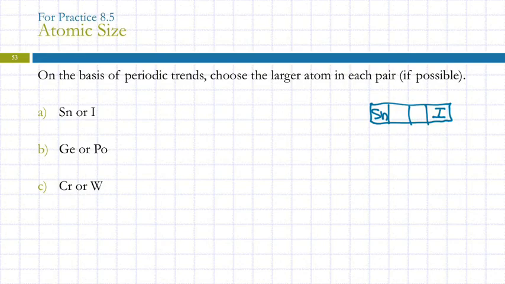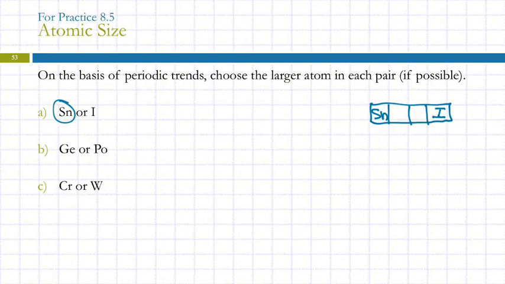So what does the periodic trend tell us? As we're going across, effective nuclear charge increases, and what does that do to the radius? It gets smaller. So as it's going across, iodine is smaller. It says choose the larger atom. So the larger atom would be tin. Okay?